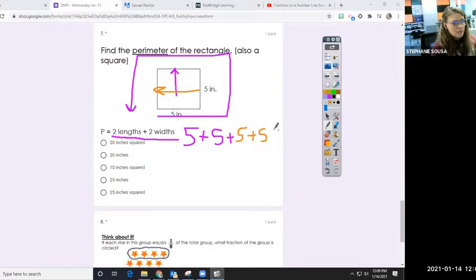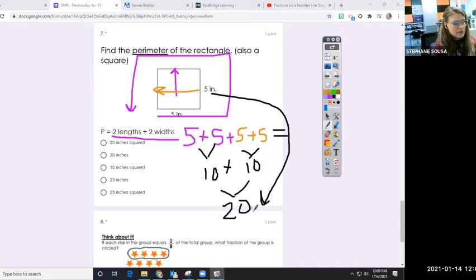So our equation is 5 plus 5 plus 5 plus 5. 5 plus 5 is 10, plus another 5 plus 5 is 10. 10 plus 10 is 20. So our answer is 20. Our label is inches. They are not squared because it is just going around one side, which is the outside. It is not going inside of the area, okay? 20 inches, boom. Questions?